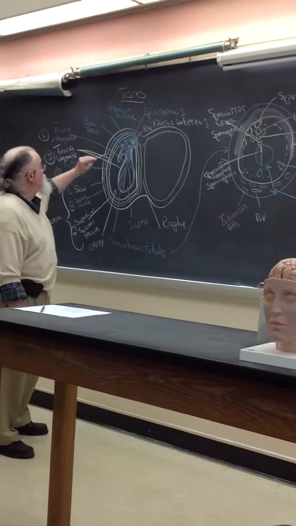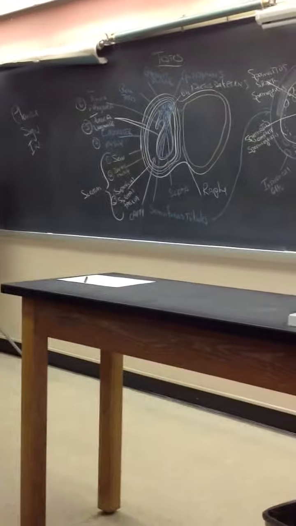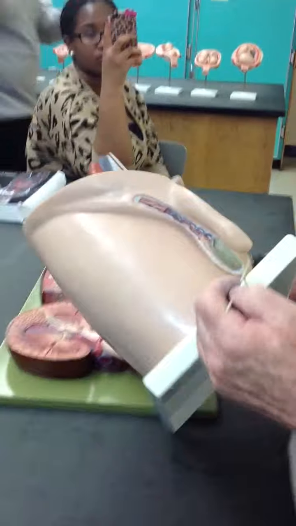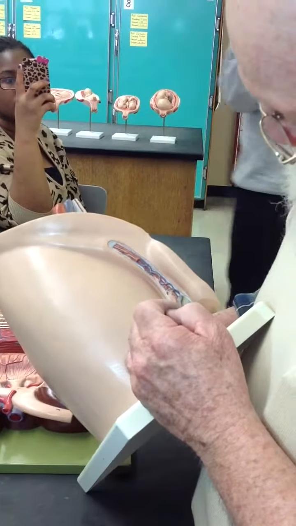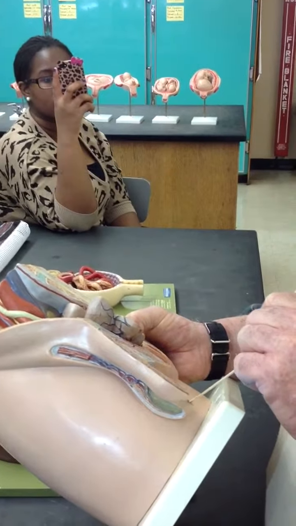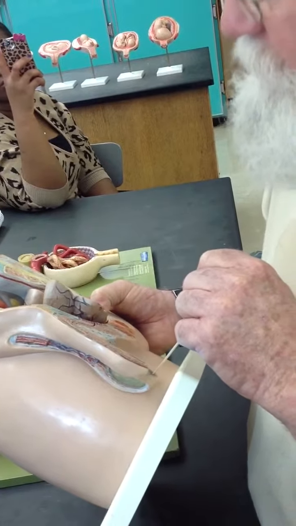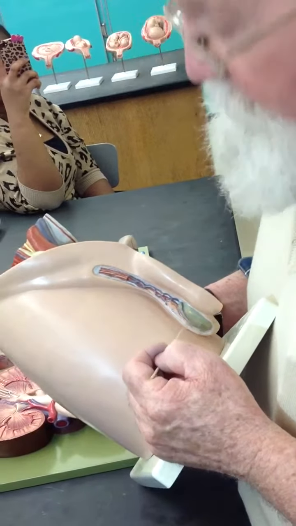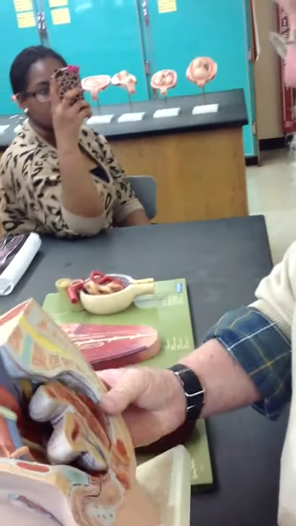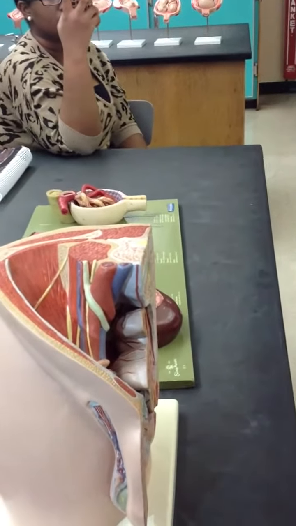And this epididymis, head, body, tail, is 27 feet long. It's a coiled tubule that's 27 feet long before it even gets to the vas deferens. So that's where the sperm are stored. That's where they mature even more.